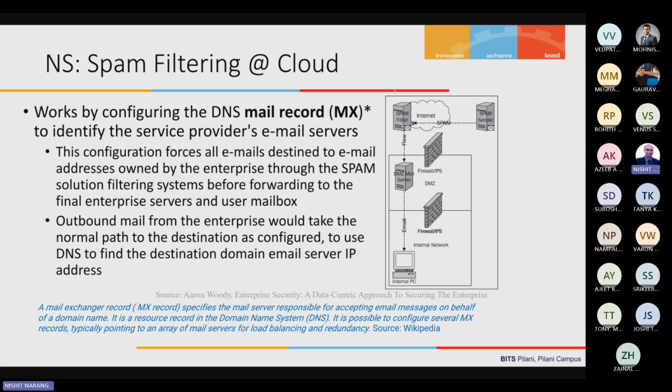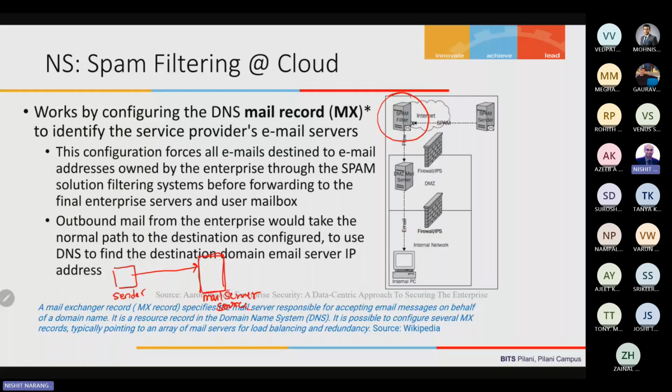Now, how do you introduce a spam filter in this entire system? So what do I need? Normally, if an email is sent, how does it traverse? I have an email sender, which is a laptop, let's say. The sender sends the email to the source mail server. If I am the sender, then Bits Pilani will have its own mail server.